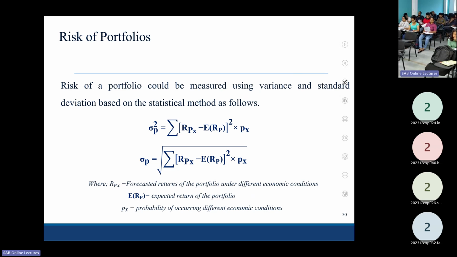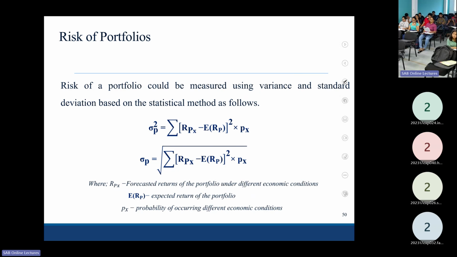Square root of the variance, standard deviation. But remember, now if you look at this formula, this is for the portfolio. So here, this is the forecasted return of the portfolio.